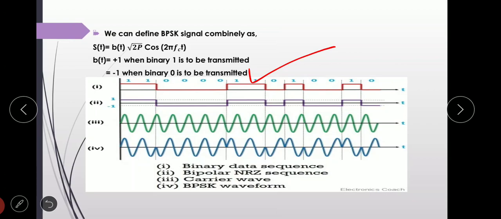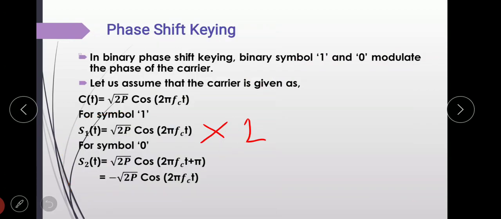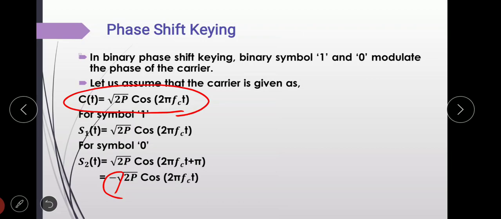So this is the waveform. Here one thing: why for symbol 0 is a negative sign coming here? Because here the phase is changing, a 180 degree phase change occurs. Because of that, in the equation of the carrier signal, we add cos omega ct plus pi.